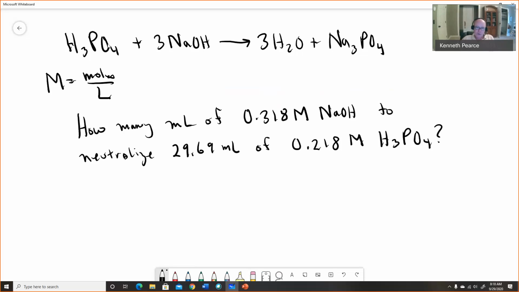And the one thing that we always have to be careful about is we're always going to need the mole ratio between the 2 things that are reacting. And we look up there at the balanced equation, and we're looking for sodium hydroxide and the phosphoric acid. And I see the phosphoric acid, there's an implied 1, and I have a 3 in front of the sodium hydroxide.